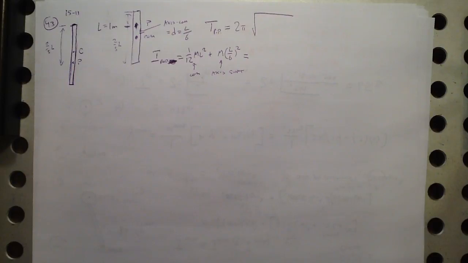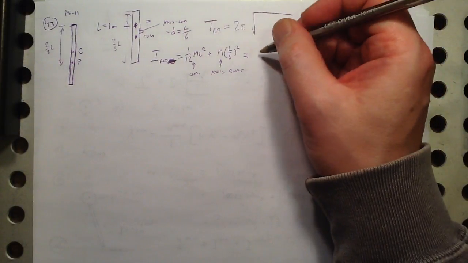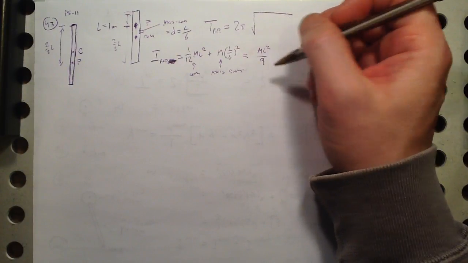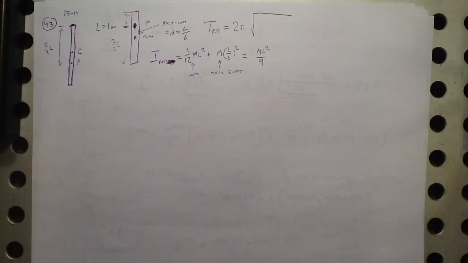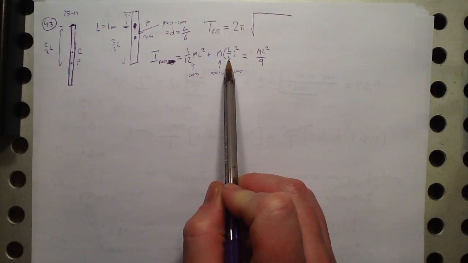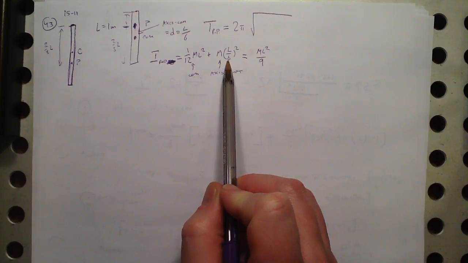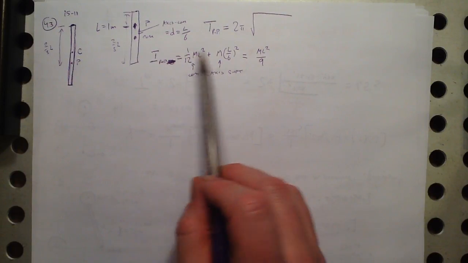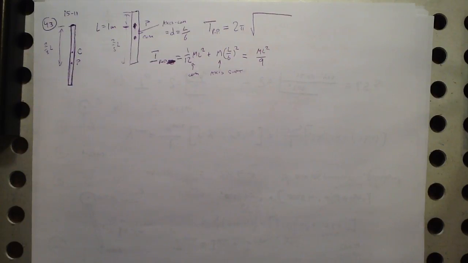So 1/12 plus 1 over 36 is 4 over 36, which is ml squared over 9, I think, when we simplify that, right? This is going to be over 1/36 of an ml squared, and this is 1/12, so multiplying by 3 would be 4 over 36. Yeah, that's right.